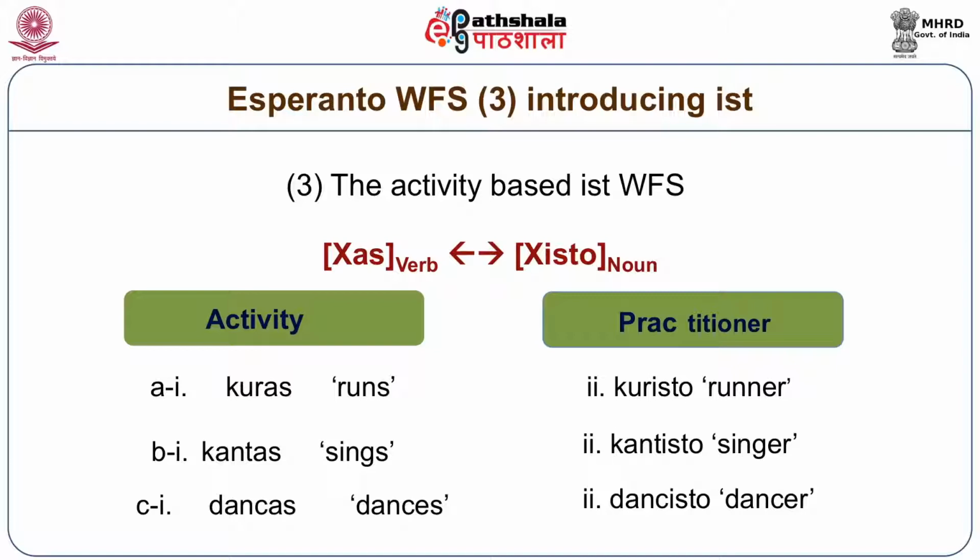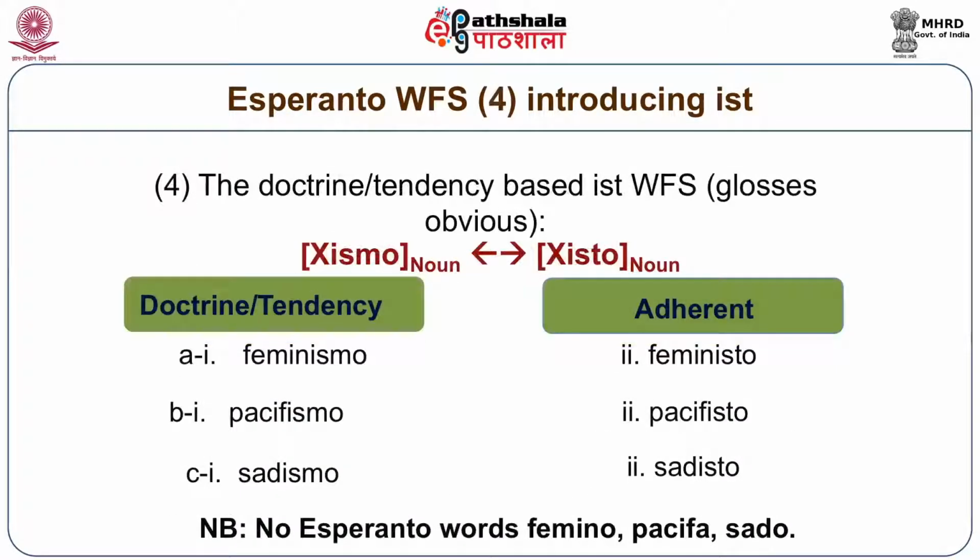Here we set up an activity-based word formation strategy that says if there is a verb of the form ex as, you can make up a noun of the form ex isto. However, not all isto nouns are of this type. There are doctrine or tendency-based versions of ist in words like feminism, pacifism, and sadism, which in Esperanto have the same forms, feminismo, pacifismo, sadismo.